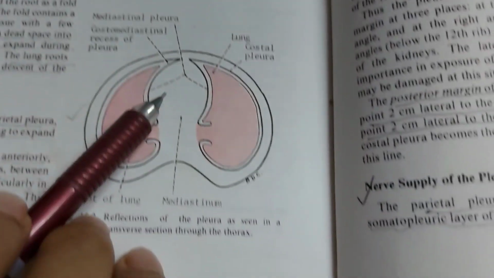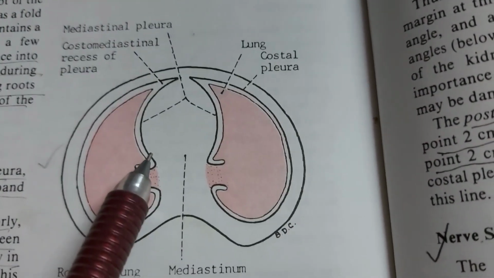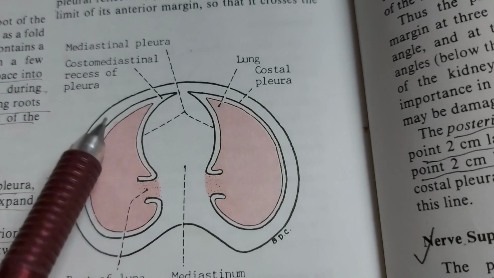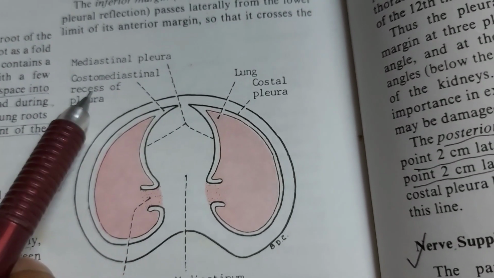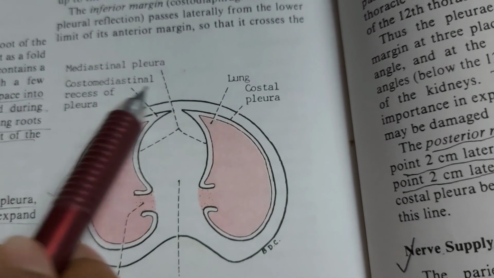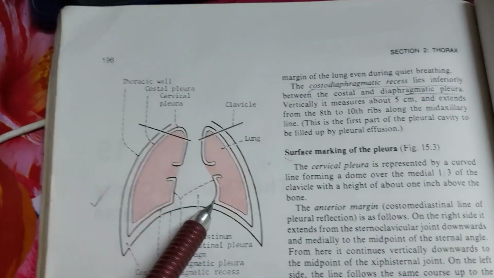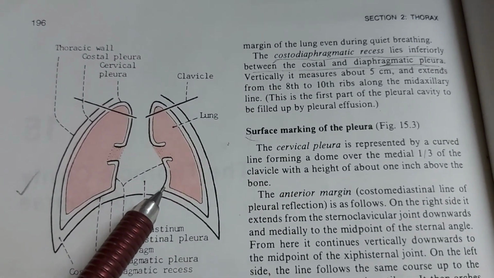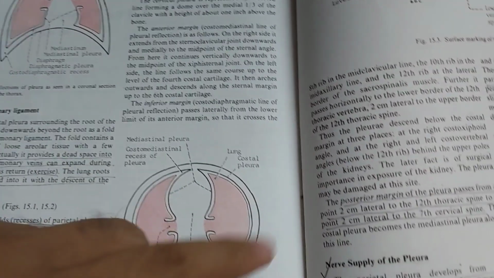In this figure you can see the mediastinal pleura and the costal pleura. They make the costomediastinal recess, and this angle, I think, is known as the cardiophrenic angle. It might be wrong, but I think this might be the idea.